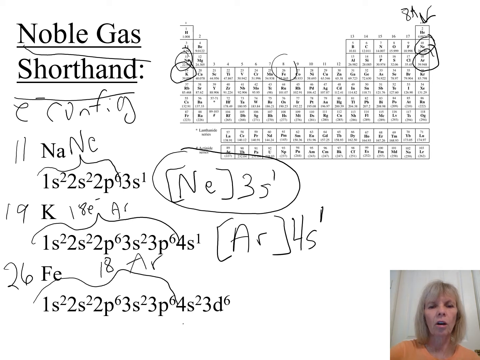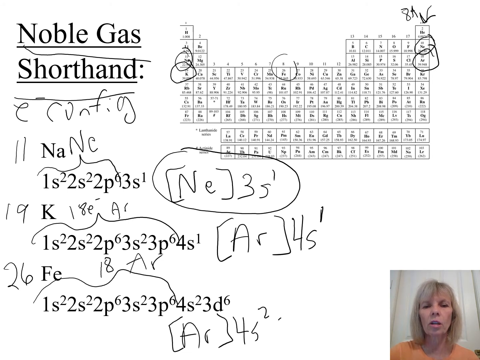So I could write argon in brackets, and then what's left is 4s2 3d6. So 18 electrons plus the 2 would give me 20, plus 6 more in the 3d would give me 26 electrons. So this is how to do noble gas shorthand electron configurations.